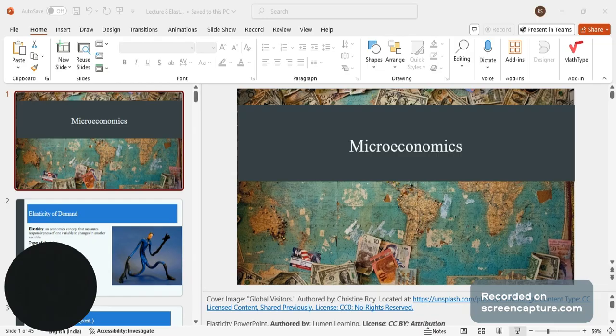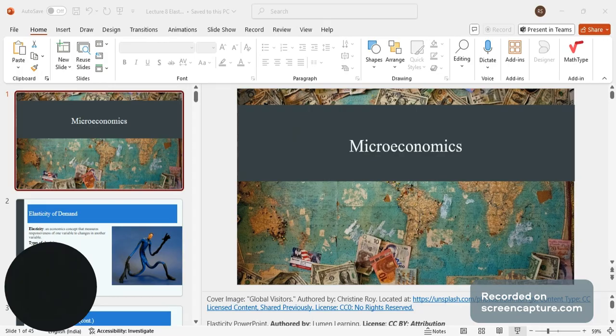Like substitute goods. So first of all, let's explain what substitute goods are. Substitute goods are basically two products providing almost the same satisfaction to the consumer at almost the same prices. For example, tea and coffee. So in this case, when the price of coffee increases, the consumer will shift to tea because tea is also providing the same type of satisfaction to the consumer.